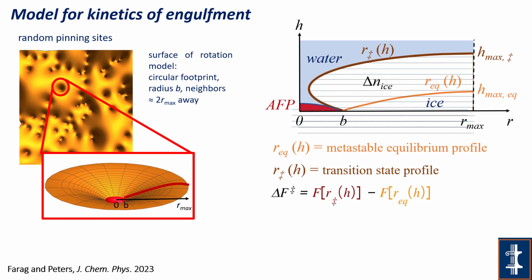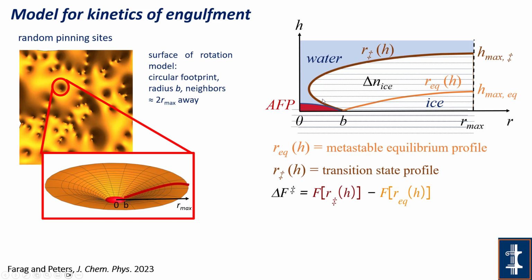But also we can think about driving the system to larger and larger amounts of ice underneath this surface of rotation around this antifreeze protein. The orange defines the zero amount of additional ice, and then as you distort the orange towards the brown profile, you create more ice underneath this surface of rotation. You also create more surface area.